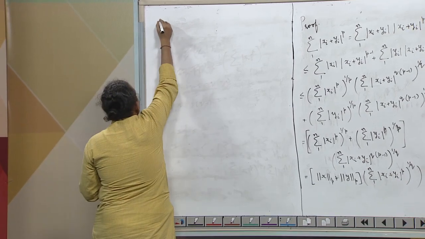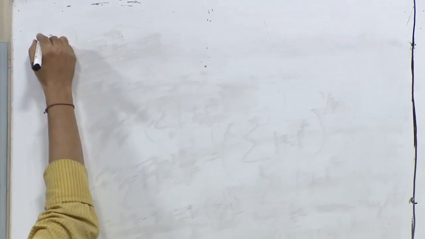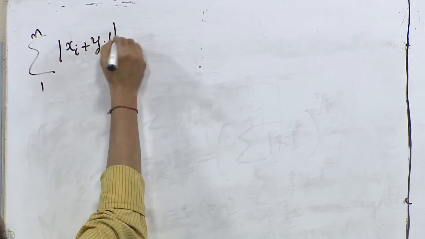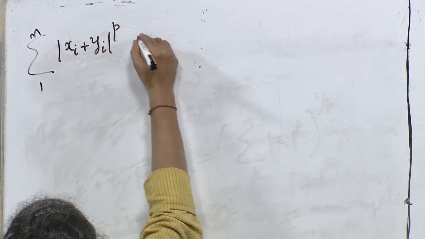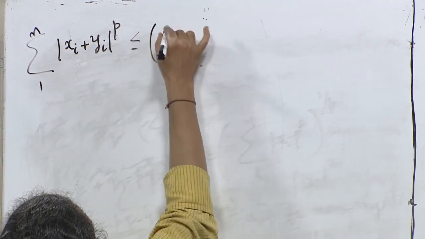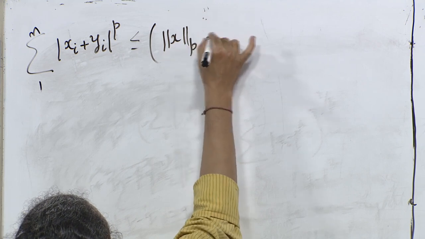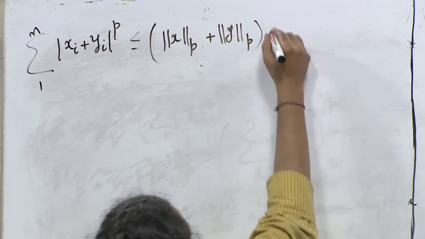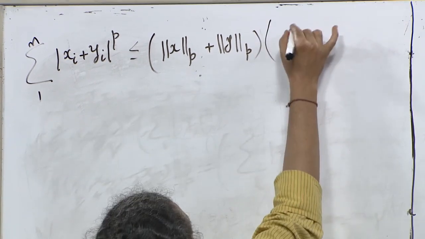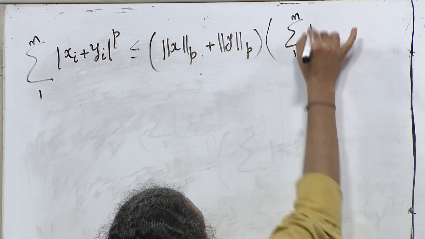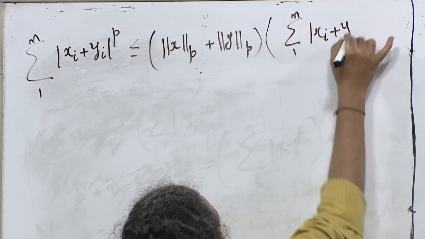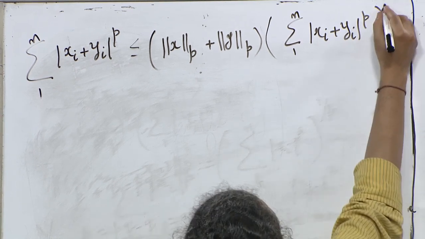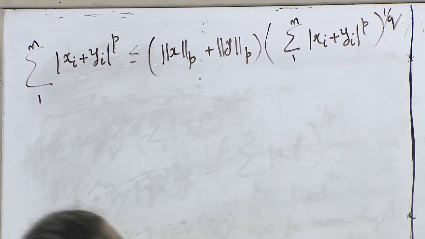So, we started with summation 1 to n mod xi plus yi raised to the power p, and then we observed that this is less than or equal to p norm of x plus p norm of y, right, times the same thing, summation 1 to n mod xi plus yi raised to the power p, but here the whole thing raised to the power 1 by q, right.